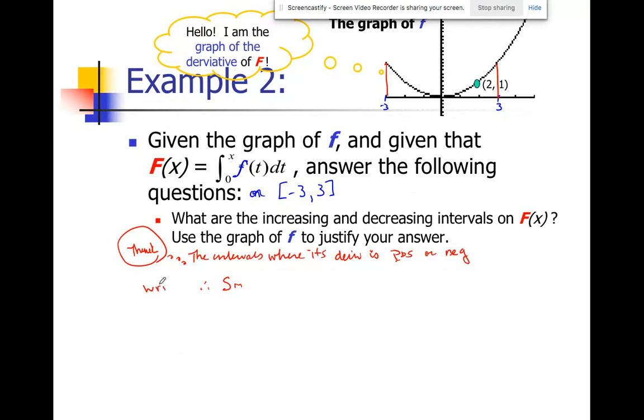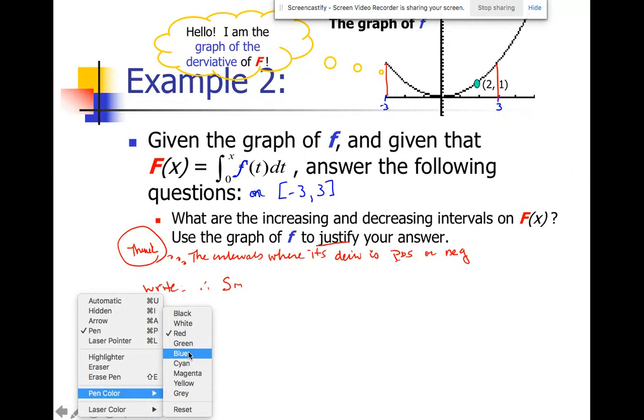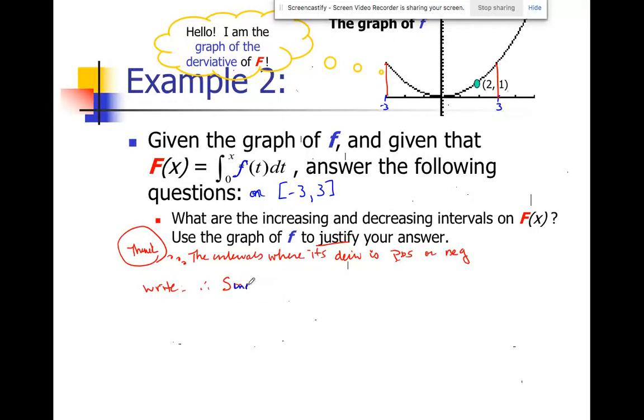Now write, because it said justify. Since the derivative of capital F is the graph I'm looking at, and the graph I'm looking at is positive on -3 to 3, capital F is increasing on -3 to 3.